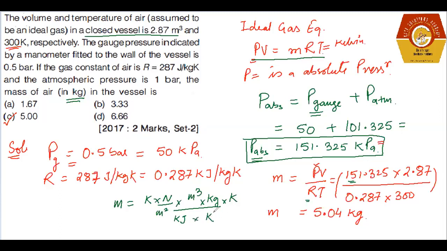So the K is cancelled out, the kilo and kilo are cancelled out, and joule with Newton meter, meter square and meter cube are also cancelled out. So the unit that remains is kg, right? So the correct answer of this question is 5.